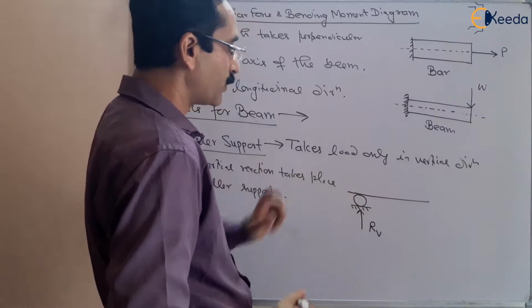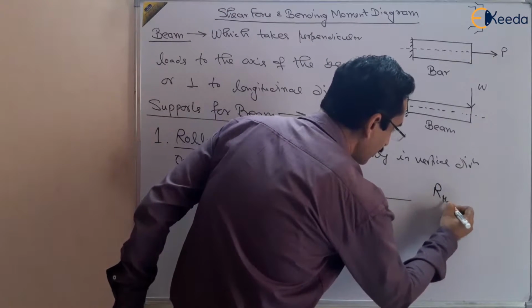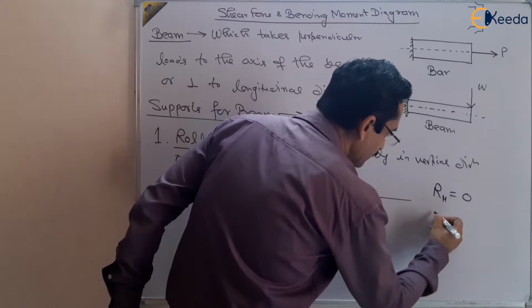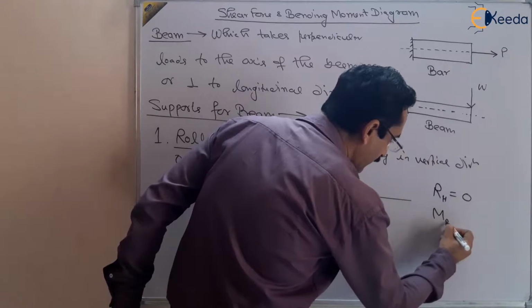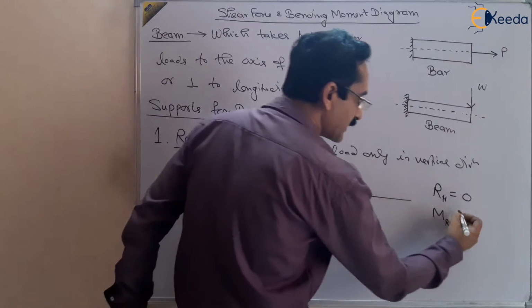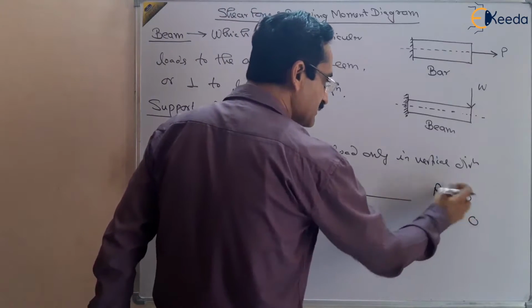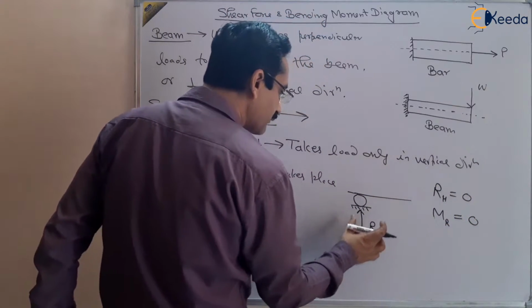So horizontal reaction RH will be equal to 0, and the resisting moment, I am writing MR, will also be 0. It will not resist any moment, right? So resisting moment and horizontal reaction will be 0, and there will be only vertical reaction.